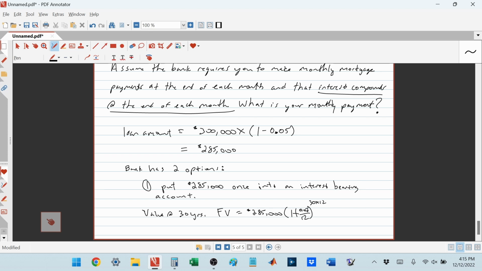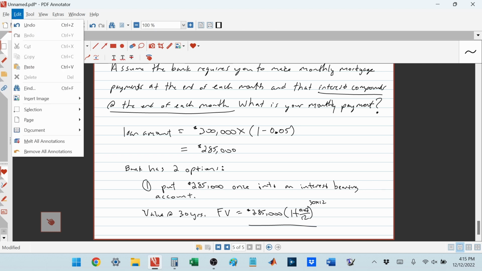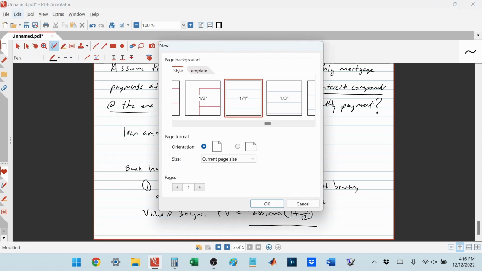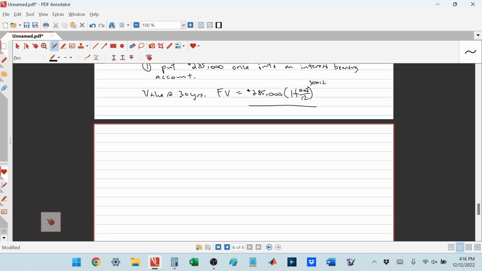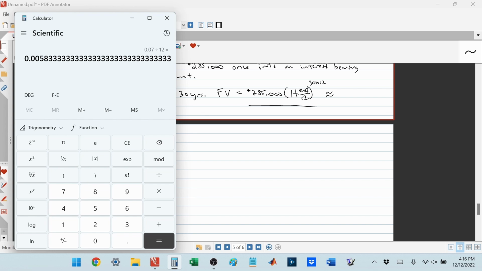Anyway, the bank could take the $285,000, and one alternative is they could just put it into an interest-bearing account. At the end of 30 years, the account will be worth this much. And I guess we could figure out what this is. We got this plus 1 raised to the power of 360 and then multiplied by 285,000.